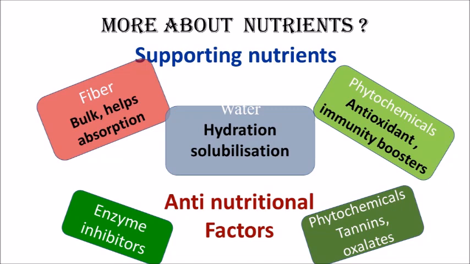They are water, fiber and phytochemicals. They enhance the performance but they are not called as nutrients. And the anti-nutritional factors or the opposition parties include tannins and enzyme inhibitors which interfere in the absorption and performance of the nutrients, and they need to be managed with proper processing and cooking methods.